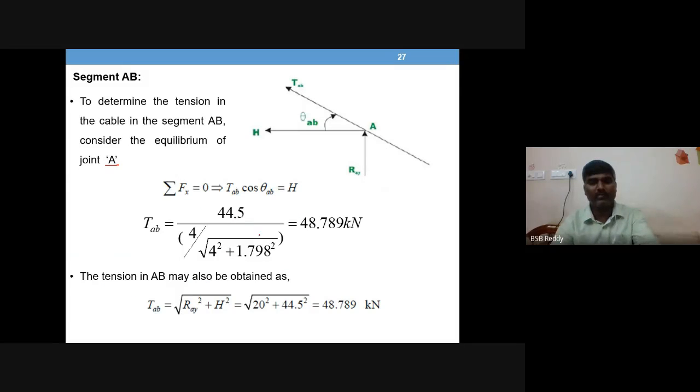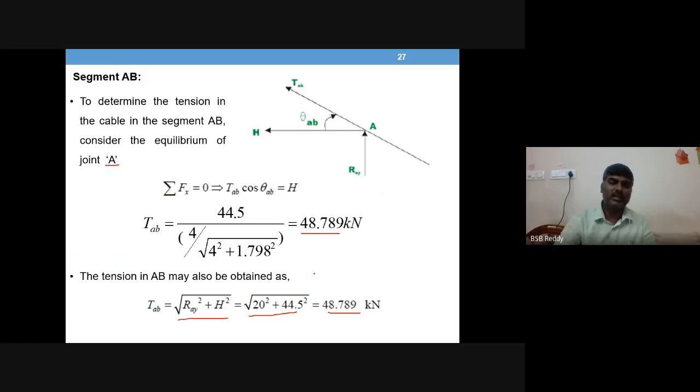This is one way of doing, the other way of doing, okay, I'll tell you both, so as not to confuse you. So tension in AB may also be calculated like this: square root of RAY square plus H square. Finding the resultant, that's all. You'll get the same result in the other way also.